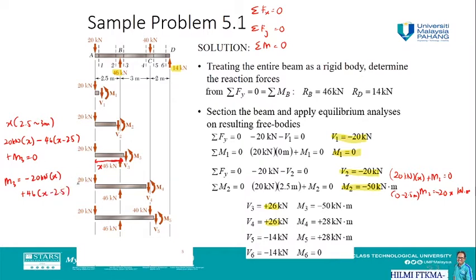So exactly at point B, where the distance x is 2.5 meter, we get the value of M3 is negative 50 kilonewton meter.